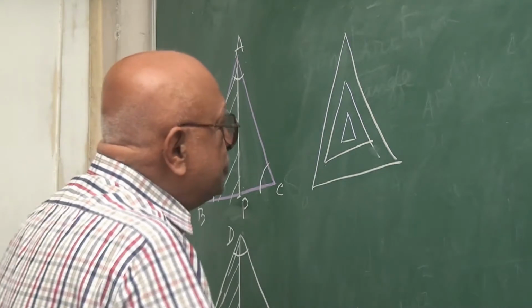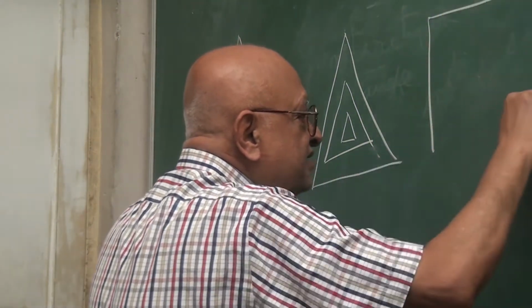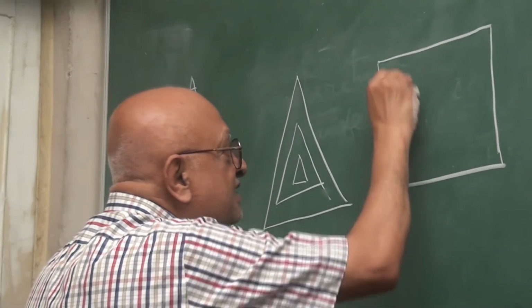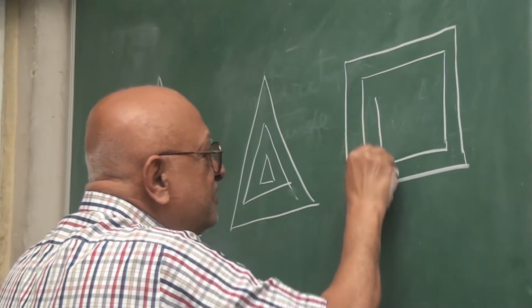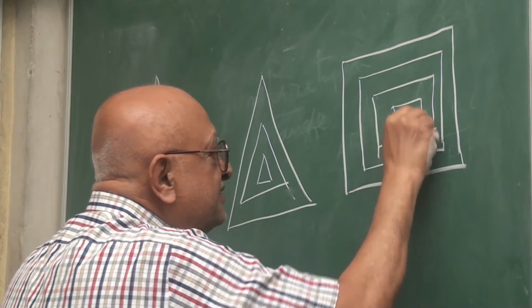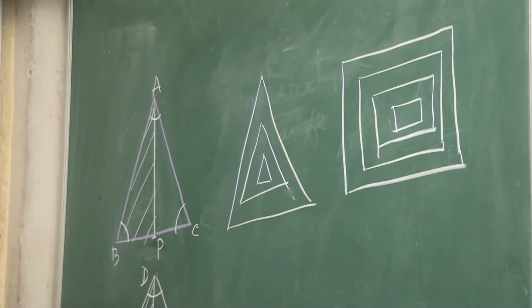You can also show it for a rectangle, where a similar rectangle is inscribed inside, and again another one here. So this kind of computer graphics, you keep on seeing.